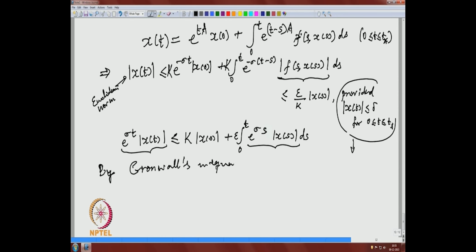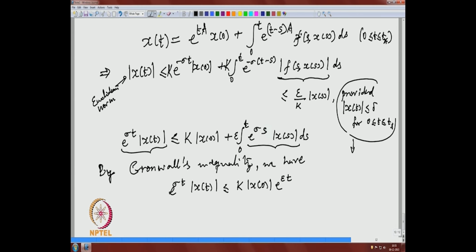So, by the inequality, we have e to the sigma t x t is less than or equal to k x 0 e to the epsilon t. Okay. So, that epsilon comes there.